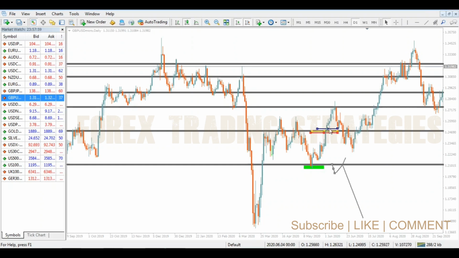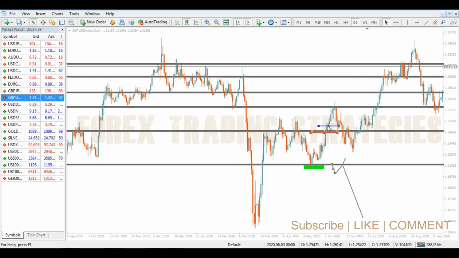And then I watch with interest what happens here. If it shows me signs that we are going to this next level, then that's reason for me to enter another trade.